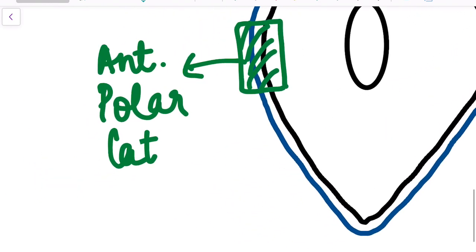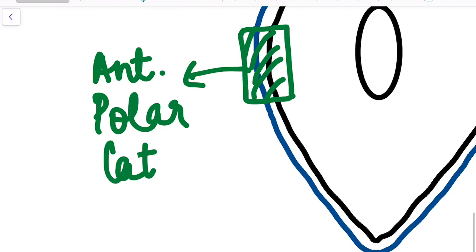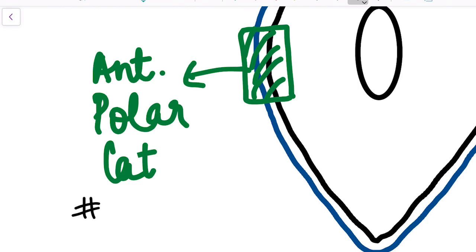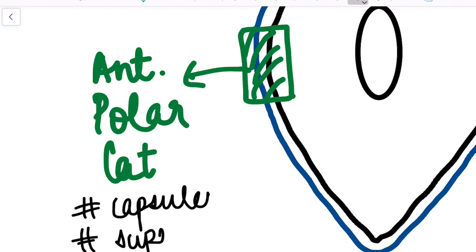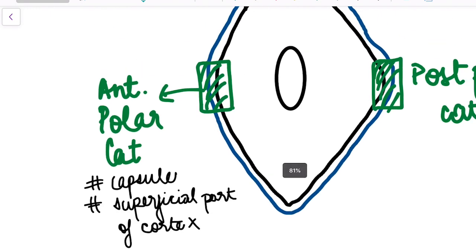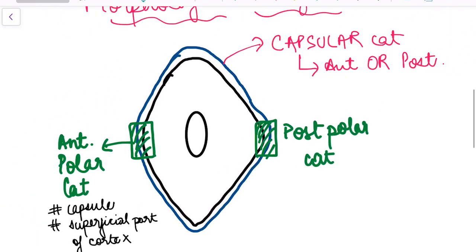So exactly how much part is covered in the polar cataract, if you would like to see in this capsule plus superficial part of the cortex. Superficial part of cortex just beneath the capsule, right? So here we have capsular cataract, anterior posterior, anterior polar cataract, posterior polar cataract.